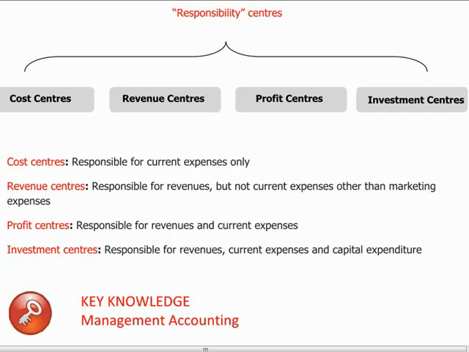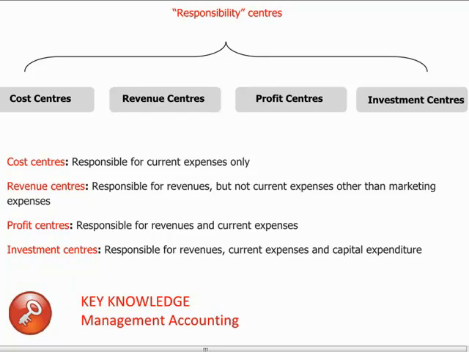In other words, the manager of an investment center not only is looking for current period revenues and expenses, but has to make longer term investment decisions in order to be able to maintain the ability of this sort of unit to function in the medium to long term. Therefore, the investment decisions that are taken represent a higher and more sophisticated form of decision making.